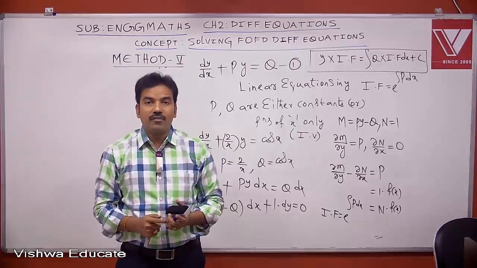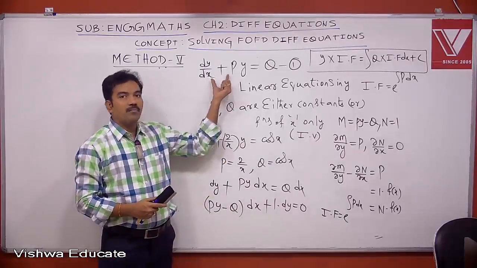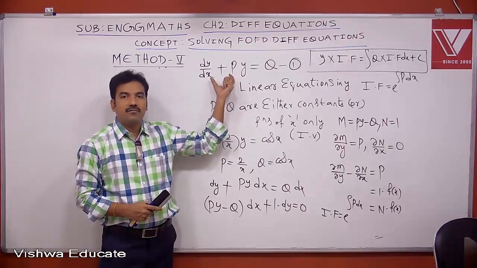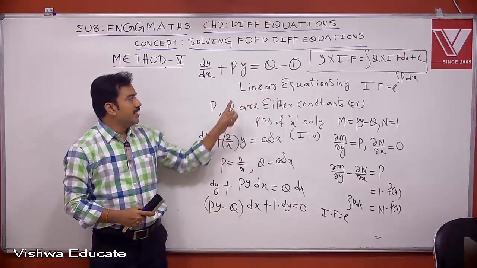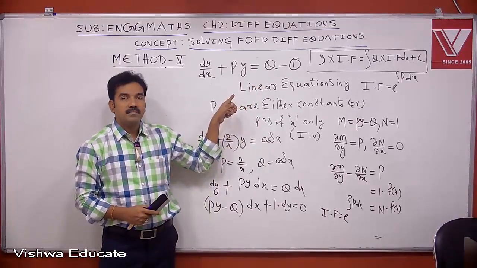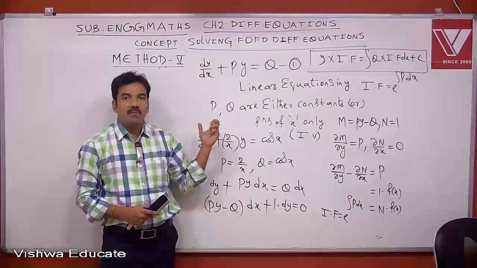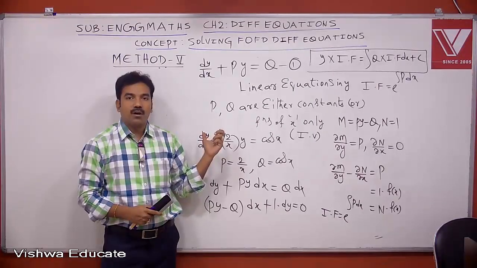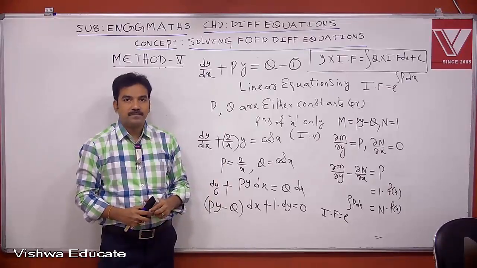An equation of the form dy by dx plus py equal to q is called a linear equation in y, where p comma q are either constants or functions of x only.